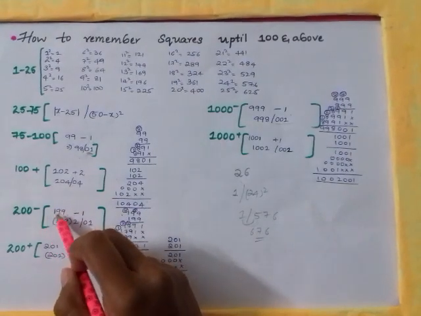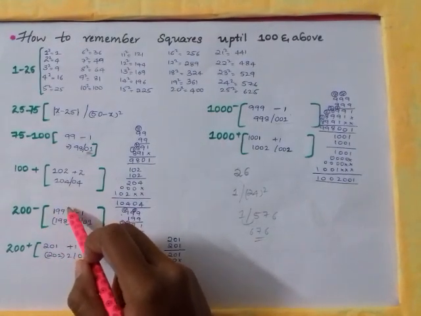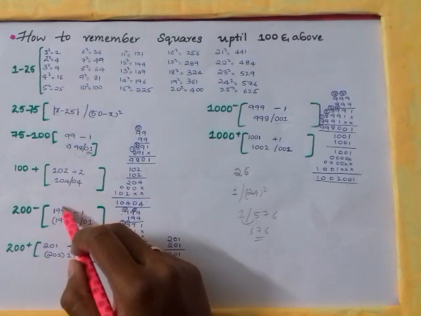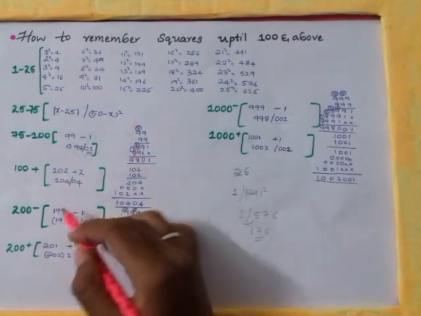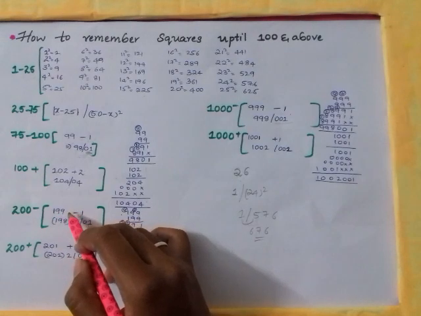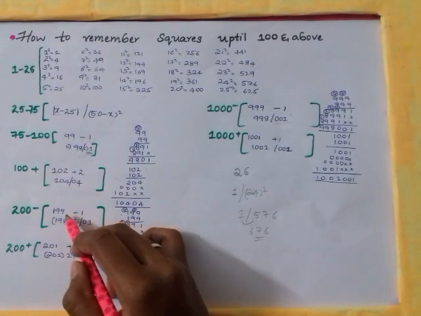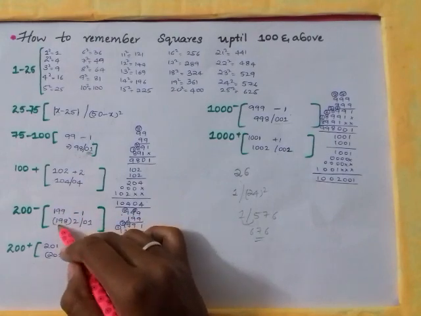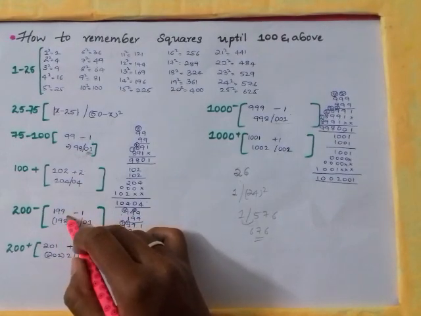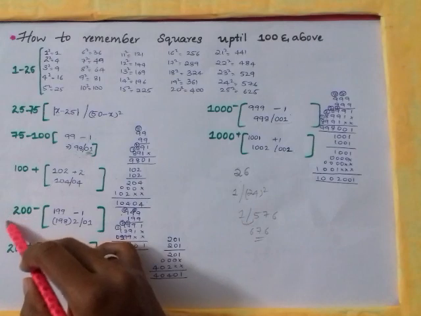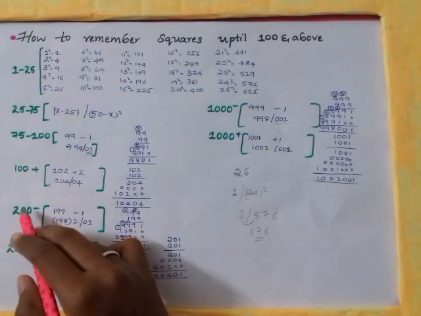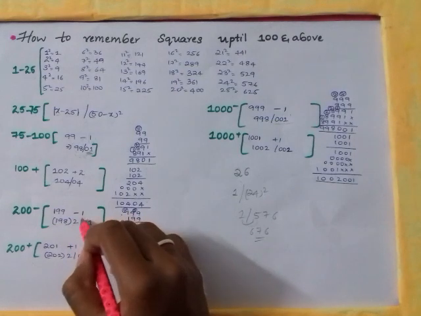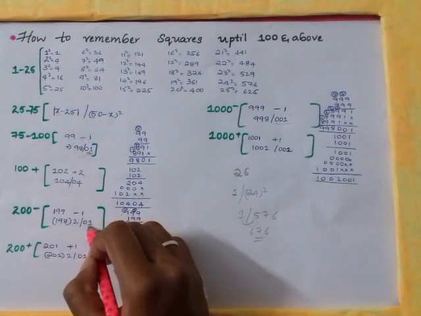Next, 200 minus. If we go with the number 199, 199 squared can be determined by the same process. 199 is 1 less than 200. So 199 minus 1 is 198. Because 200 equals 2 times 100, this number should be multiplied by 2, slash 01.